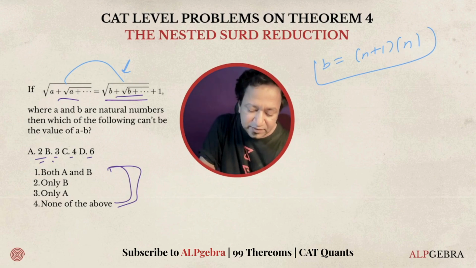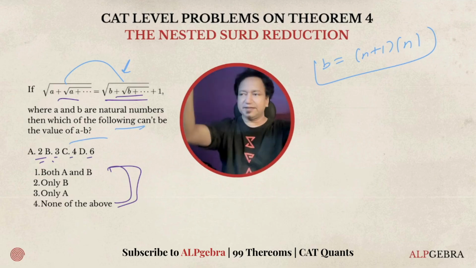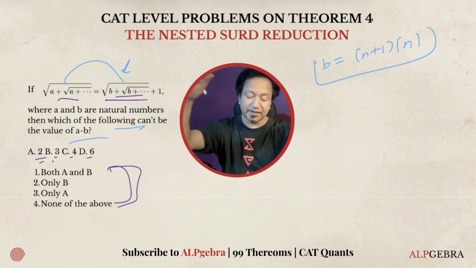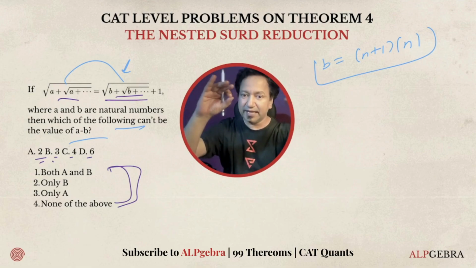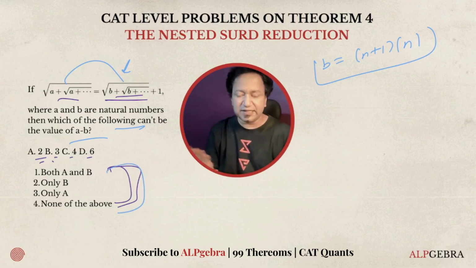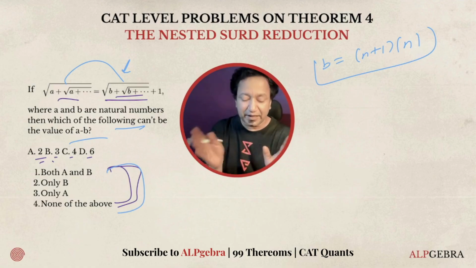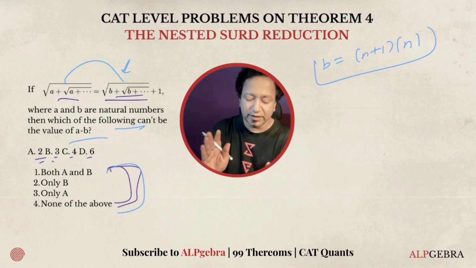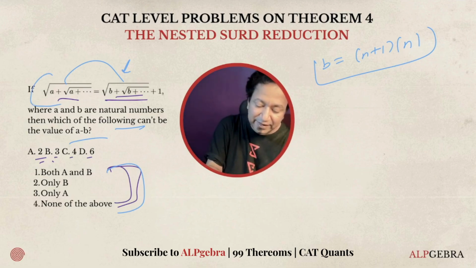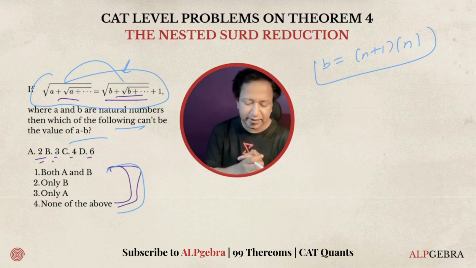So if the question is which of the following can't be the value, and we have to solve that out of the given options, then we can definitely solve. Otherwise, if someone says what's the value, you are not always sure, because you don't know that even if A and B are natural, this entire value will be rational or not. That is something we're not sure of, right?